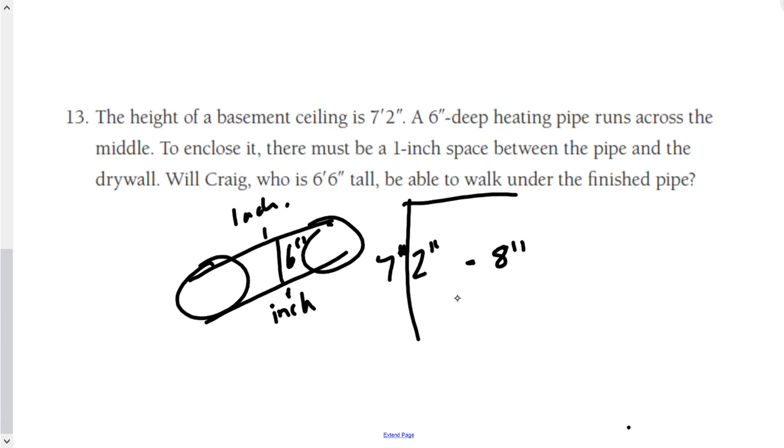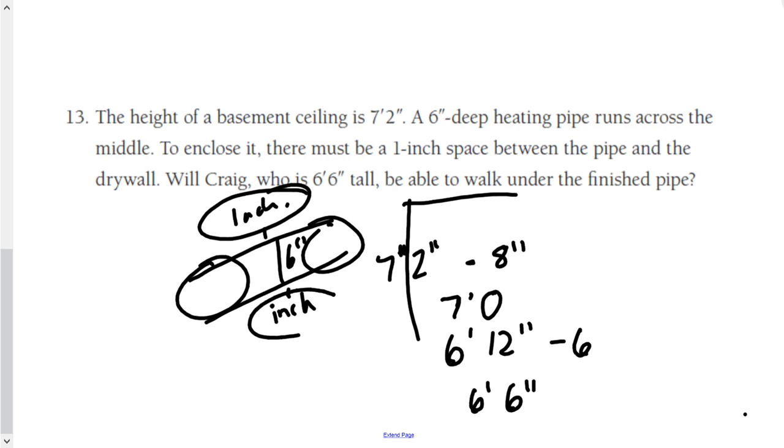So then if we subtract, this is 8 inches, this leaves us at 7, 0, which is really the same thing as saying 6 feet, 12 inches. And we've already taken away 2, so we still need to take away another 6. That would leave us at 6 foot 6 inches. So he should be able to, assuming that we should have 1 inch on either side, which is my assumption for this question. And it could be wrong, but I think that's how it is.